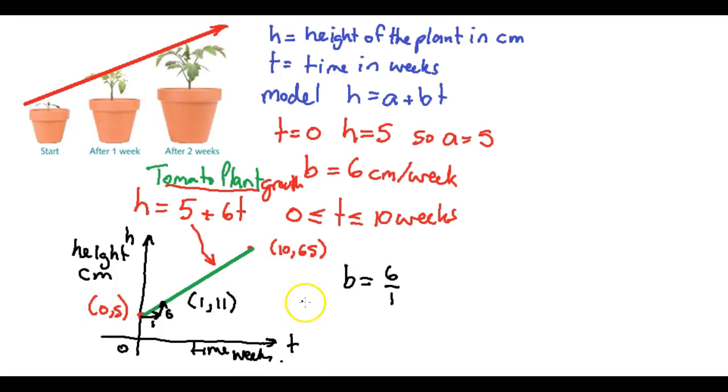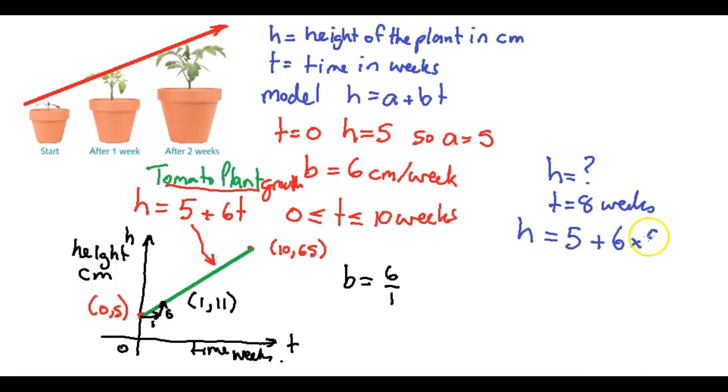Now, if I use my model to make predictions, that's the whole purpose of modelling things, to make predictions. Let's say I was interested in how high the plant is after 8 weeks. So I can take my model, h equals 5 plus 6t, and replace time with 8. 6 times 8 is 48, and 48 plus 5 is 53.